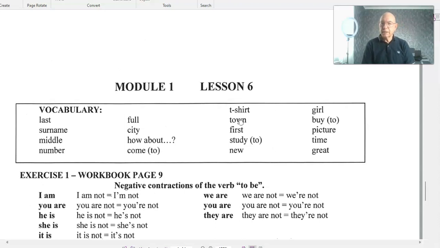Let's just look at the one again within parentheses. So to buy, kupit, to study. I study my lessons. And at the bottom, to come to the party, for example. So that's all we're going to cover in this box for the verbs.